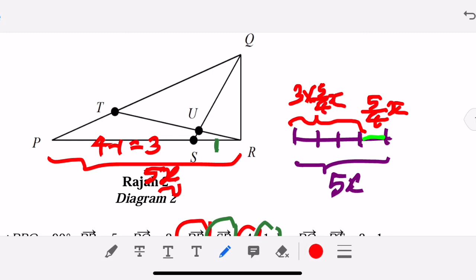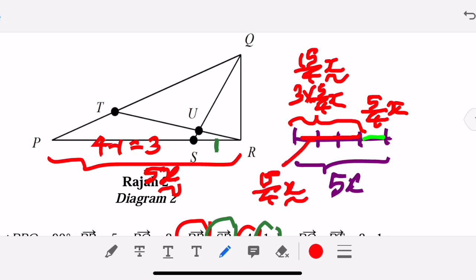After you understand the ratio, then you can simplify. So from P to S is actually 15 over 4 x, right? So we are going to label on the line vector P to S, which is 15 over 4 x, right?